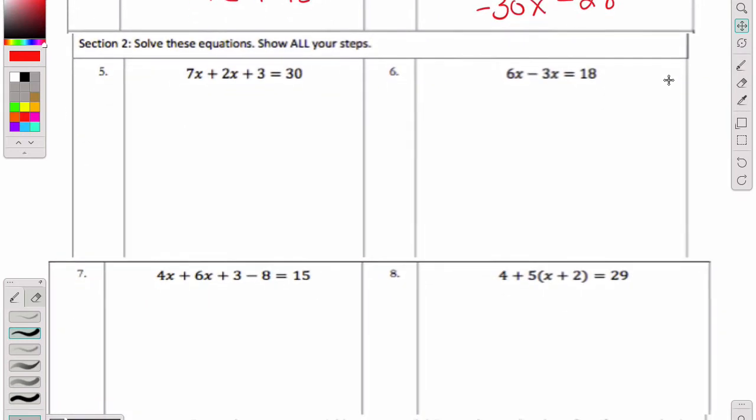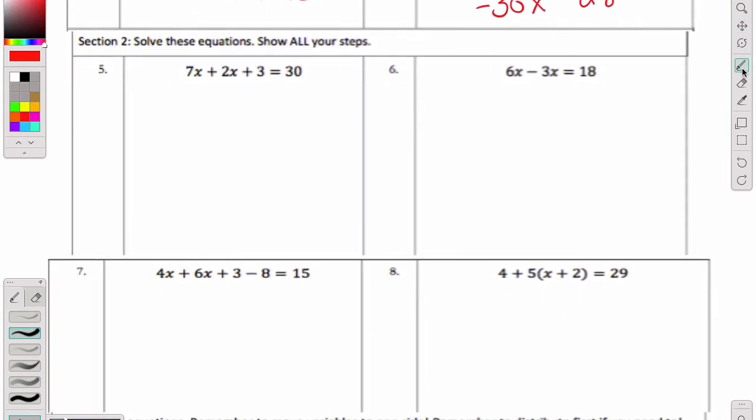Alright, moving on to the second section, which is solve for the equations. So first off, you want to find your like terms. Make that line down here. So we can combine 7x and 2x, and we get 9x plus 3 equals 30.